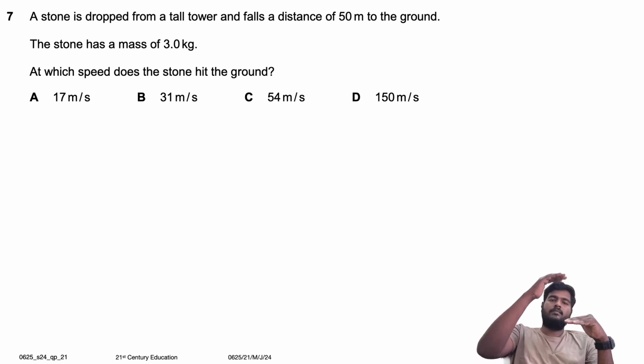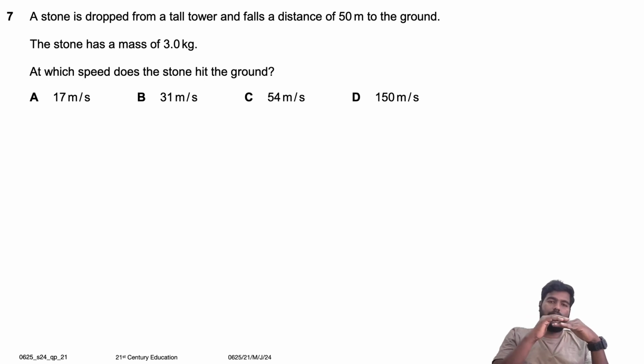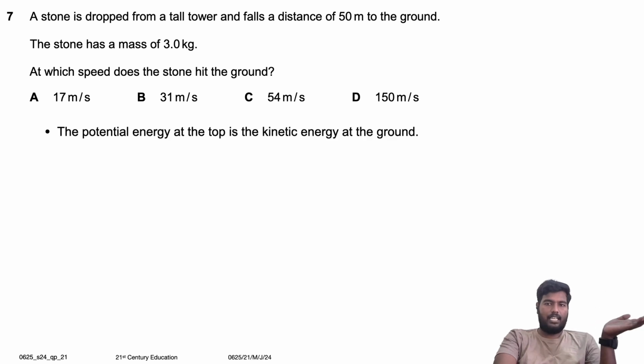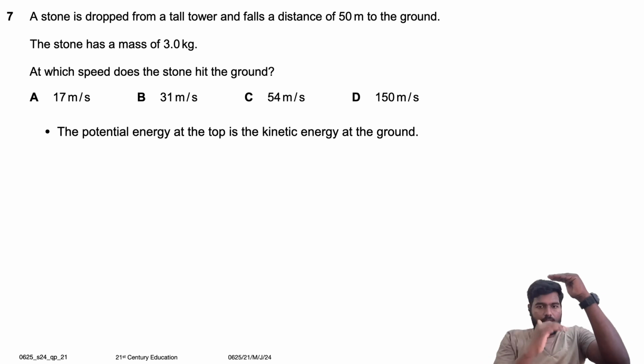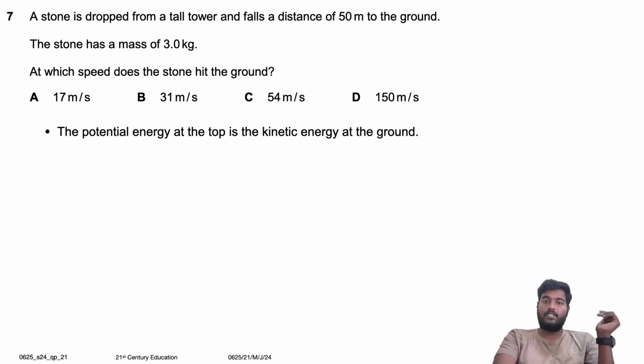When it's dropped, the same amount of potential energy will be kinetic energy at the ground. Potential energy is mgh and kinetic energy is half mv square. Conservation of energy. So mgh is half mv square.